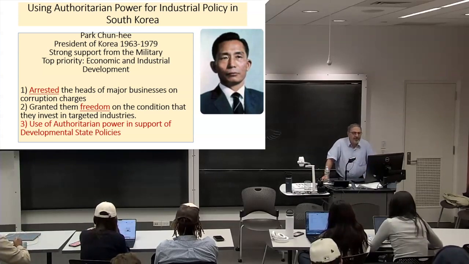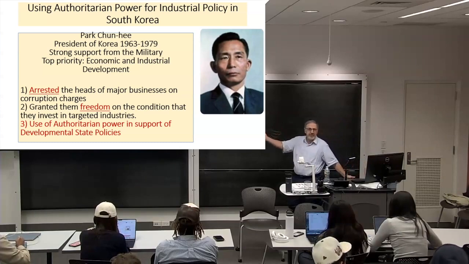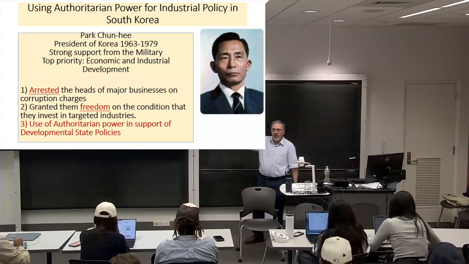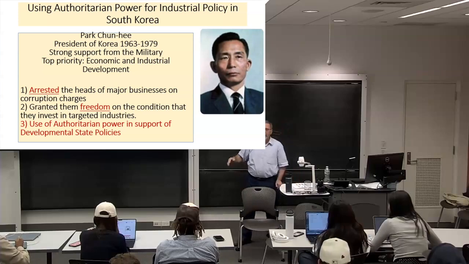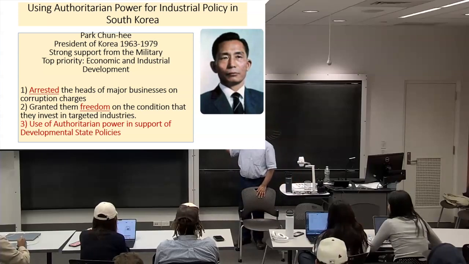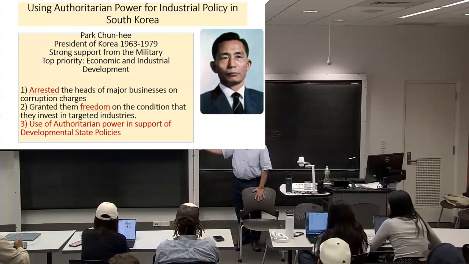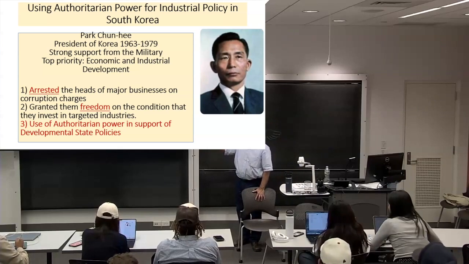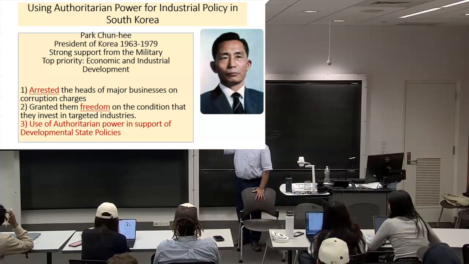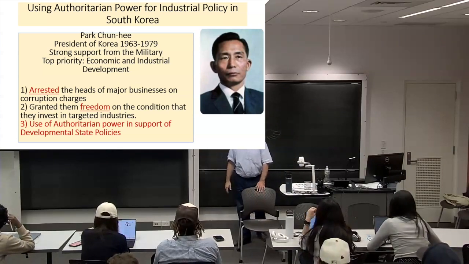There is always this debate that could countries like South Korea, Taiwan, Singapore, and Indonesia, for example, would they have been able to achieve their industrial success if they were democratic and if they did not have authoritarian leaders.